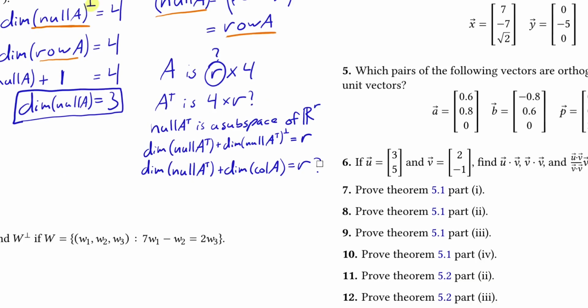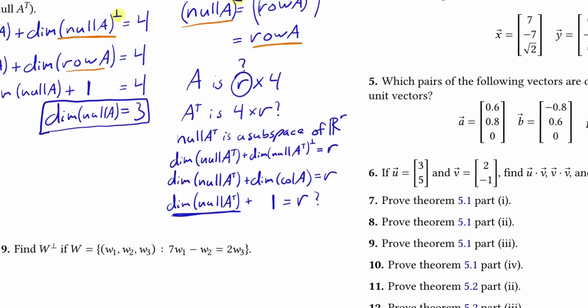We do know that the dimension of the null space of A transpose plus the dimension of the column space is R, but the dimension of the column space is also 1. So yeah, the dimension of the null space of A transpose is R minus 1, but what is R? Is there any way to tell?